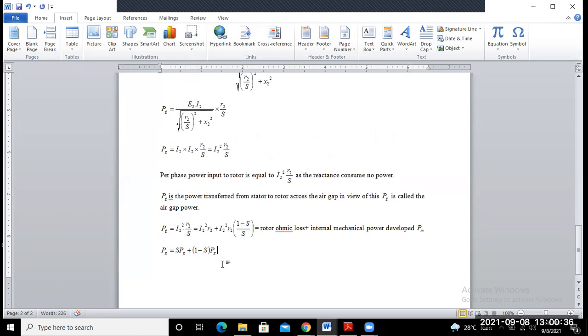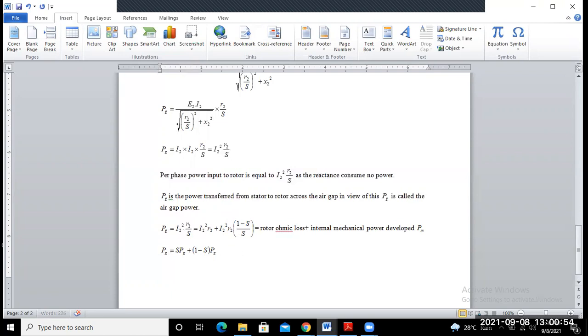So PM, that means mechanical power developed, equal to how much? 1 minus S into PG. Is it not? Or I2 square R2 into 1 minus S divided by S. Okay.